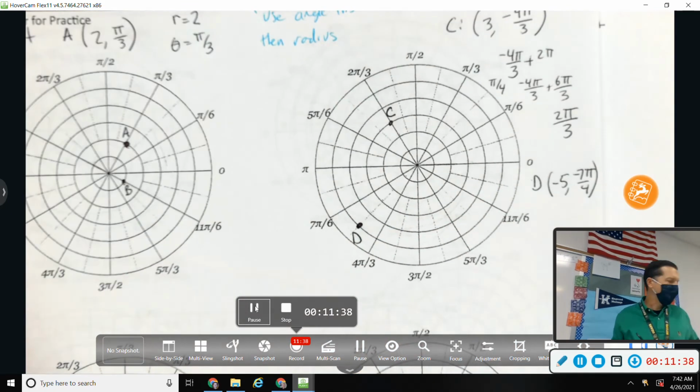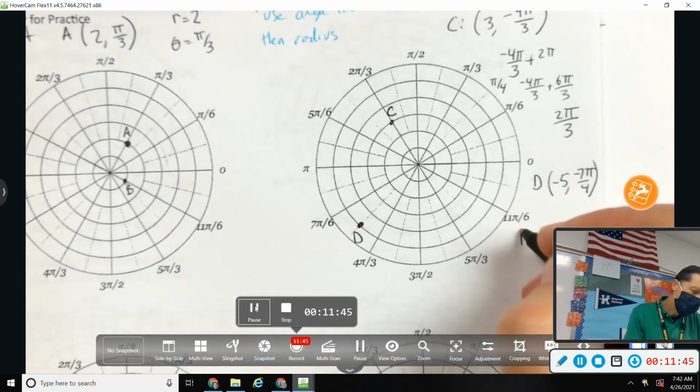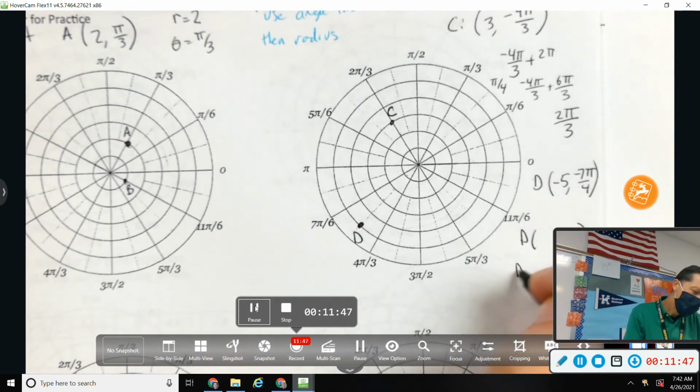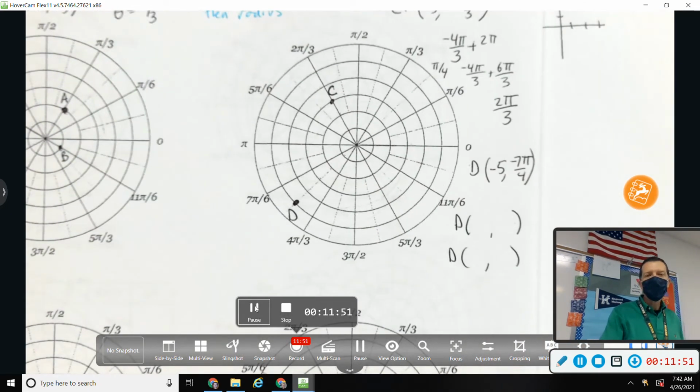For point D. While we're there, why don't you name point D 2 different ways? See if you can come up with 2 more ways to name point D.